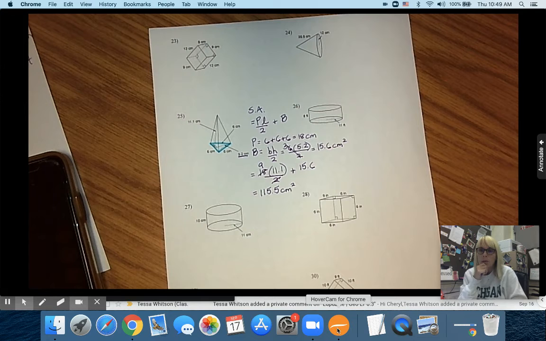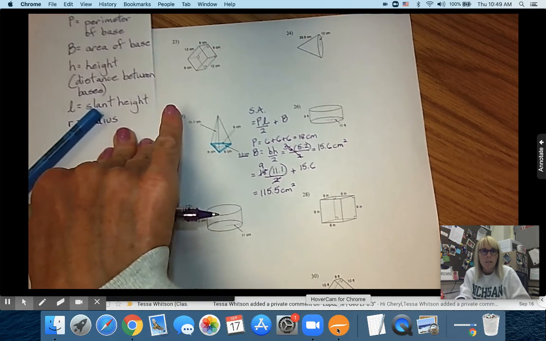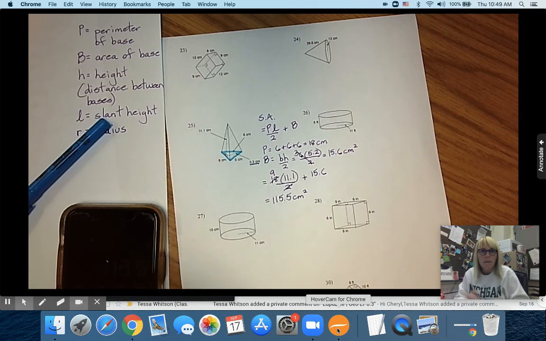But just let me know real quickly what your gut feeling is. I know you're a little overwhelmed, but you're going to have formulas. And do you think if you have those formulas and you know what everything stands for, and you highlight the bases and get some good practice, you will be able to power through this? I'm going to give you a second to just let me know.